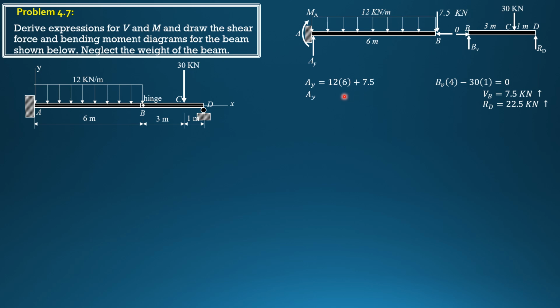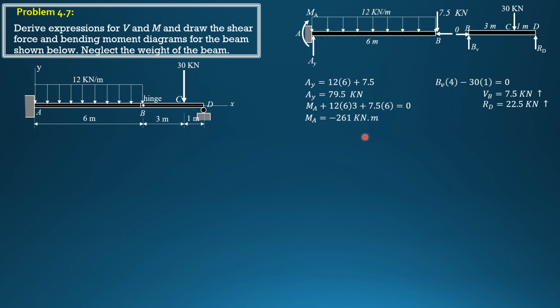So AY is equal to 79.5 kilonewtons. Then let's assume MA is positive, so it is clockwise, positive. Summation of moment about A equals 0. So MA plus 12 times 6 times 3 plus 7.5 times 6 equals 0. So MA is negative 261 kilonewton meter.